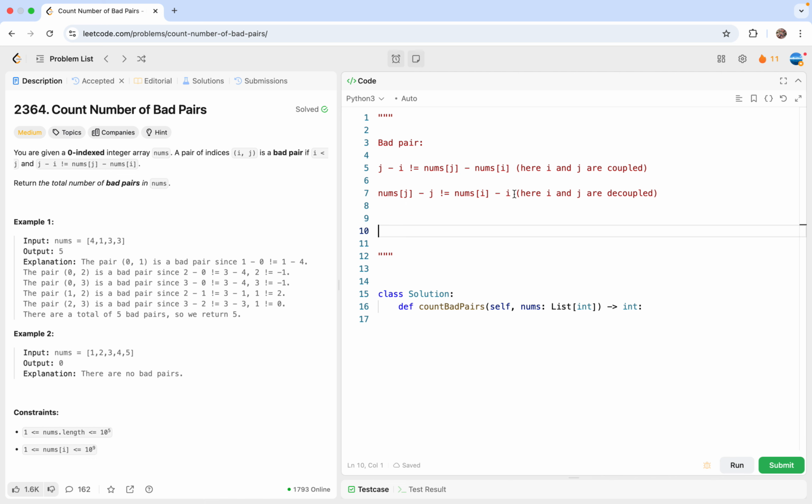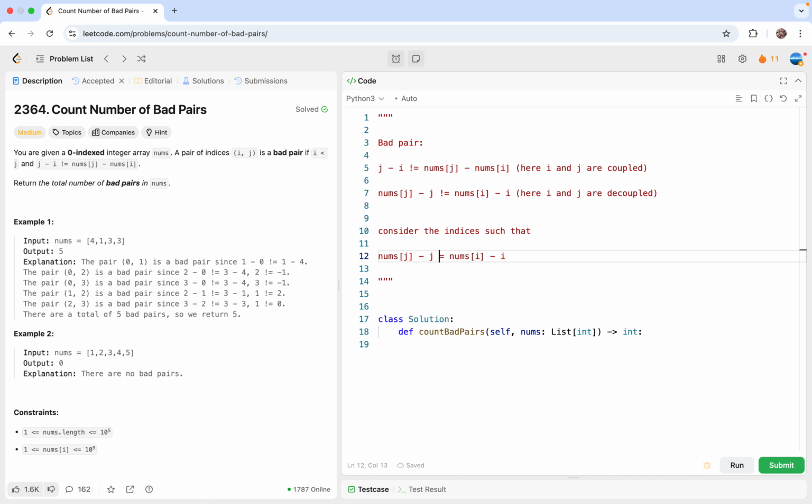We consider the indices such that, I want to consider the complement, in other words, they are equal. We can regard those pairs as good pairs.